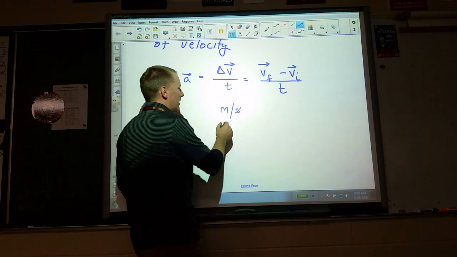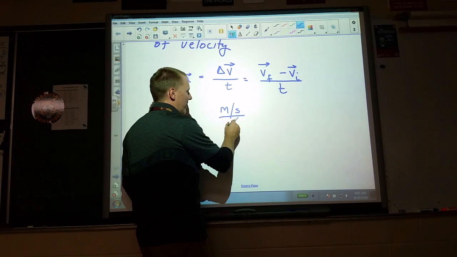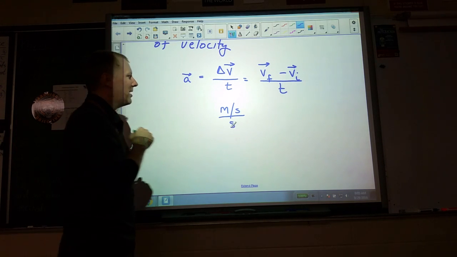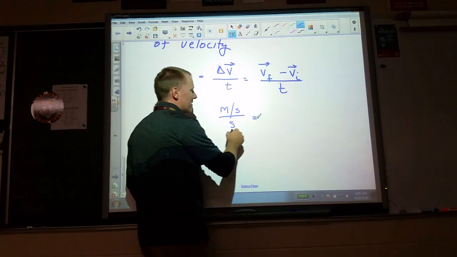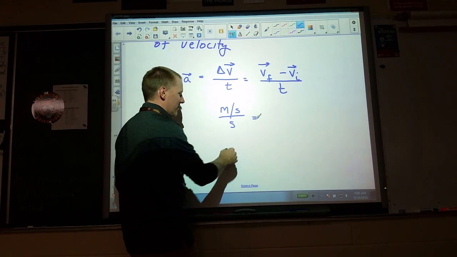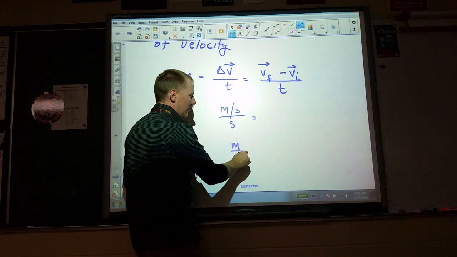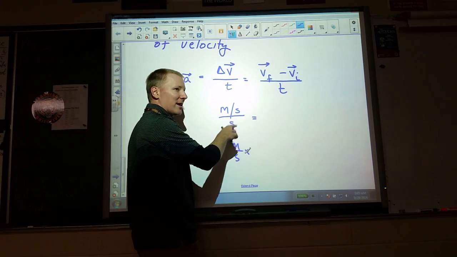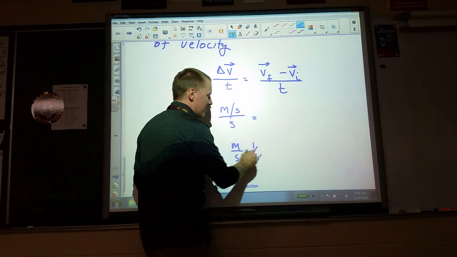And then we have units of seconds on the bottom because of time. When we divide those, we don't cancel the s's. This is the keep it, change it, flip it thing. So we keep the top, we change it to a multiplication, and then we flip the bottom. So instead of seconds over 1, we get 1 over seconds.